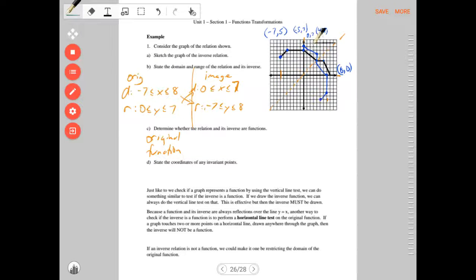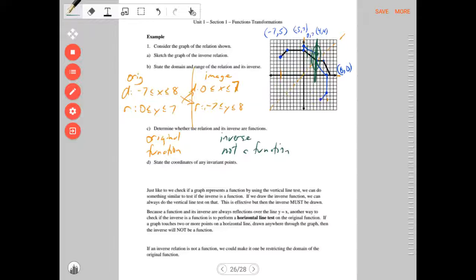Okay, if you look at the inverse, if you look right here, I know it's kind of hard to see, but if you draw a vertical line there, it touches a couple of points. So the inverse is not a function. Okay? Because it does not pass the vertical line test.